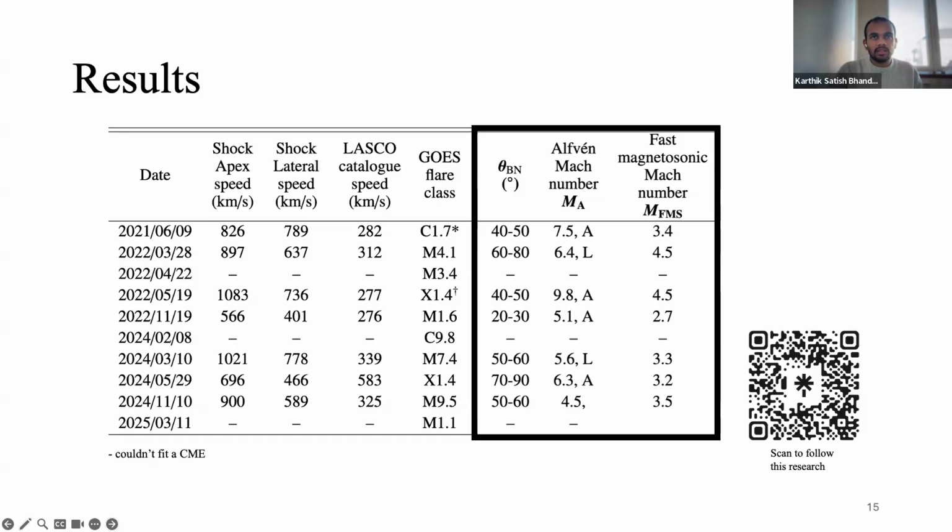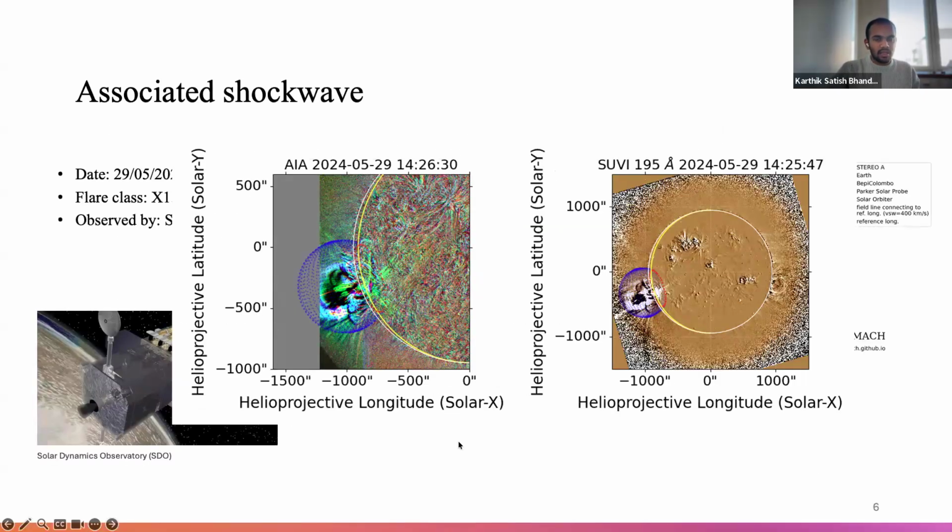We use white light observations to determine where the nose of the shock wave is. These type 2 bursts generally are close to the flanks, not all the time, of course. Like you said, it's not usual that the shock wave is very nicely visible in the white light images. We generally have to work with what we have. Sometimes there's only a half shock wave.